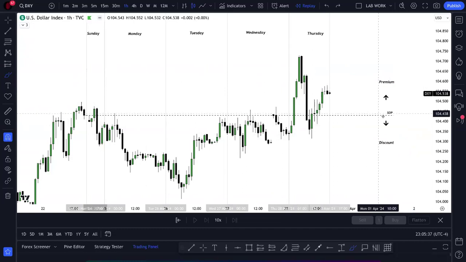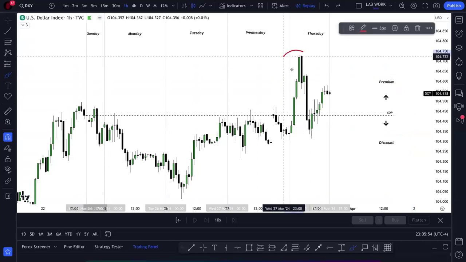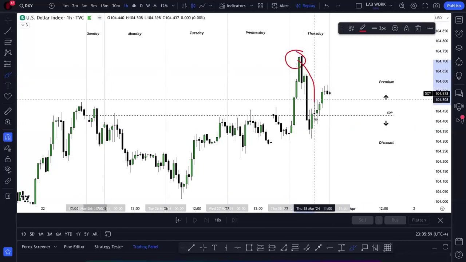You see when price gets above Sunday's opening price, ideally you're going to see the best sell conditions happen above, in a premium above the weekly open, Sunday's opening price, SOP. Price here on Thursday tops off and then sells in a premium range.